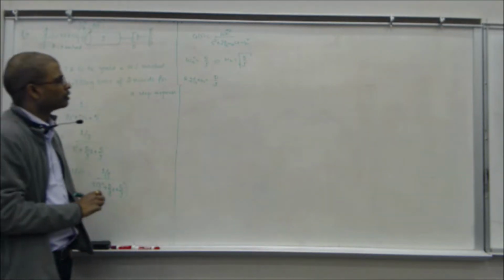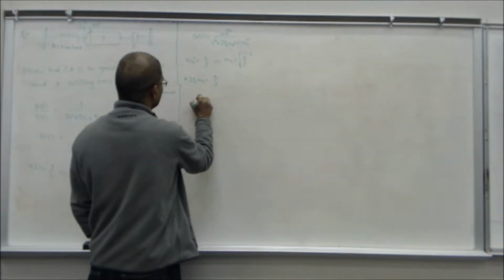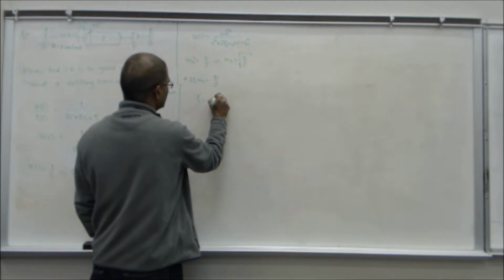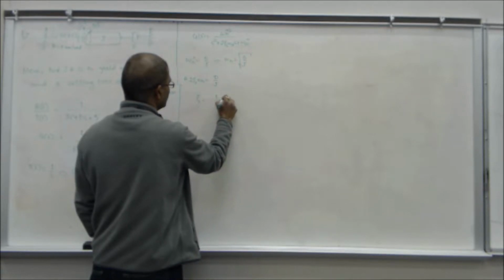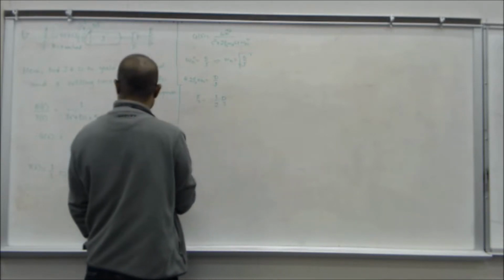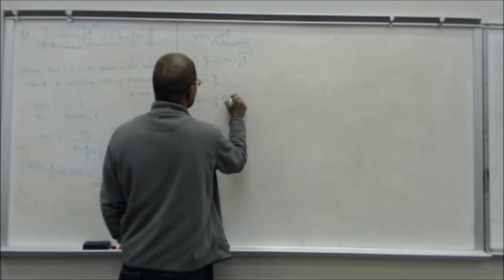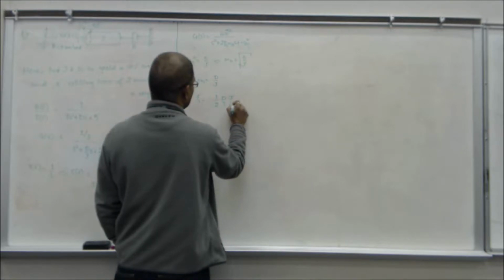Okay, which means zeta is equal to 1 over 2 times D over J times J over root 5.